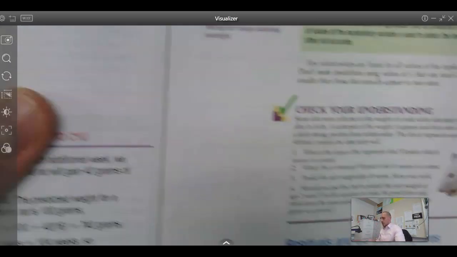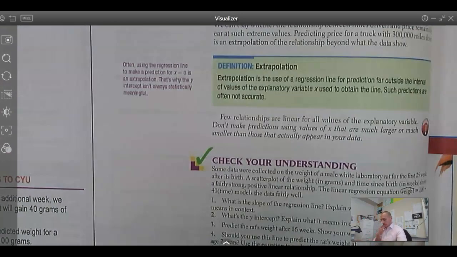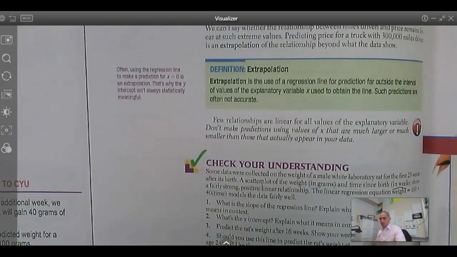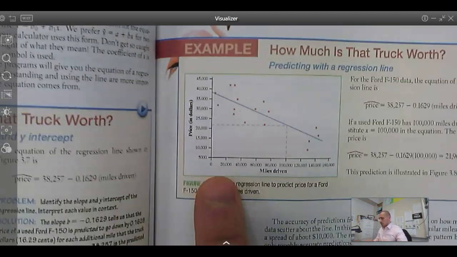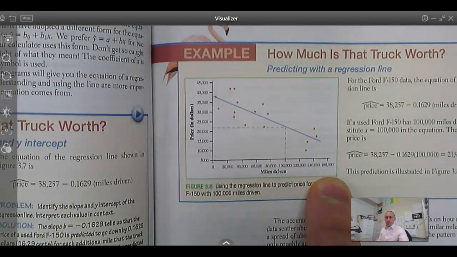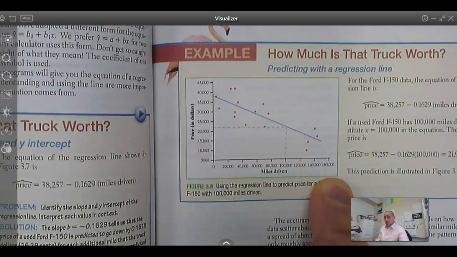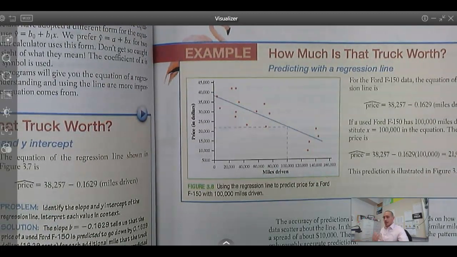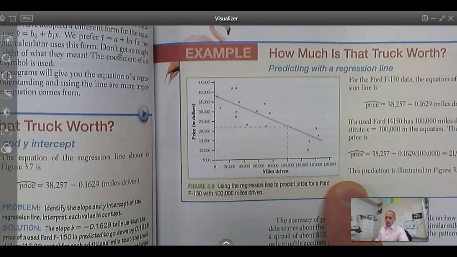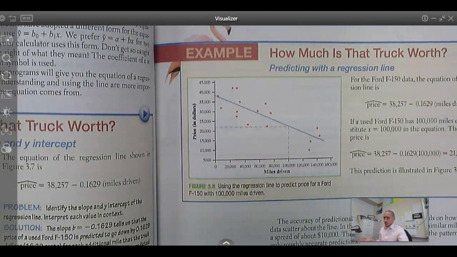All right. Then we moved on to this idea of extrapolation. And extrapolation, remember, means when you're making predictions outside of the range of data you have. So here we have trucks from 0 to 160,000 miles on it. So if I have a truck with 300,000 miles on it, I should not be using this equation to make a prediction about the price because I don't have any data at 300,000 miles.